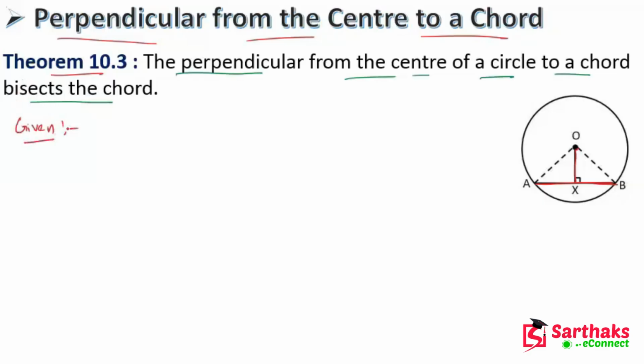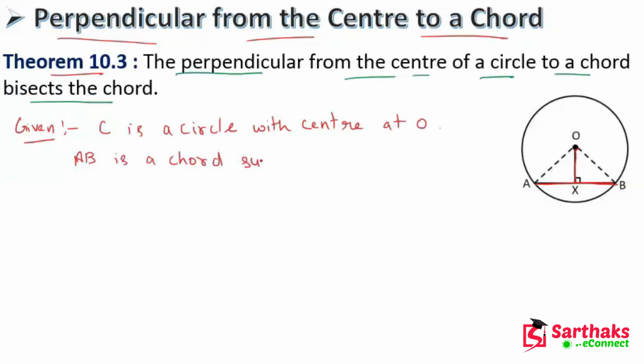We have a circle, let's suppose C is a circle with center at point O, and AB is a chord such that OX is perpendicular to AB.